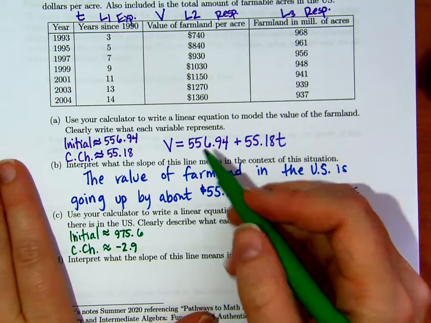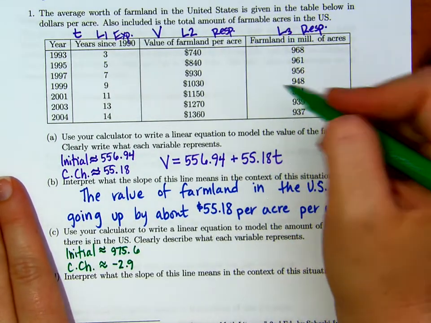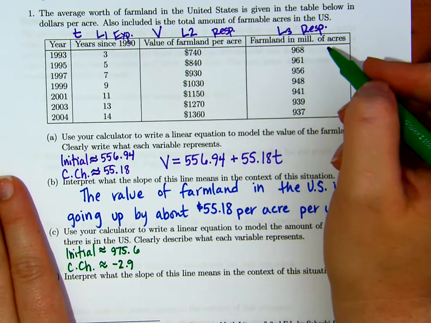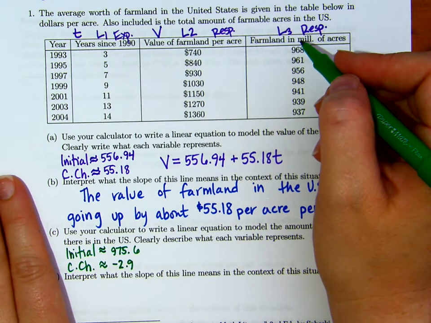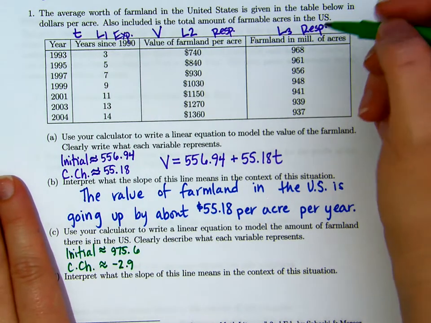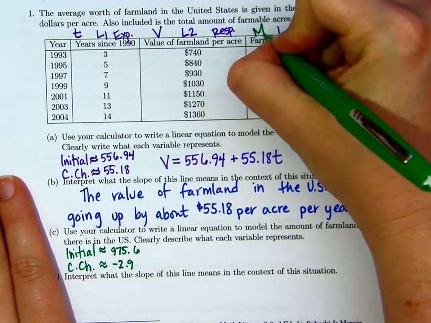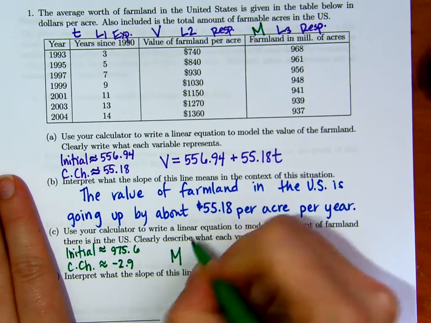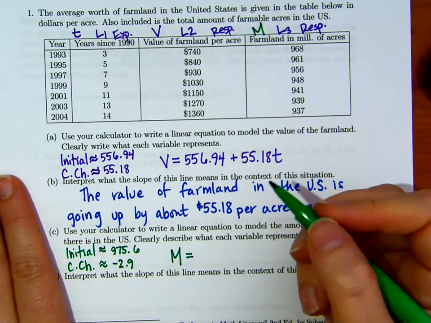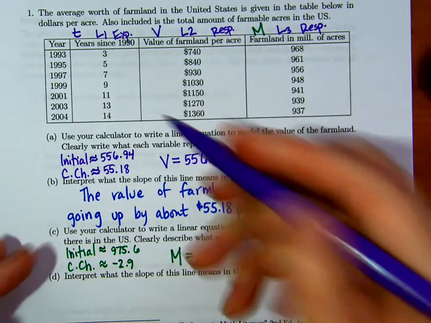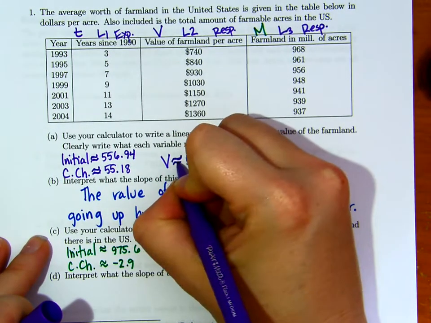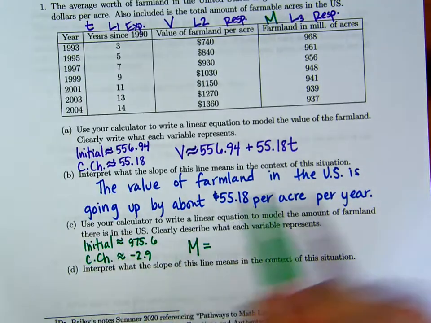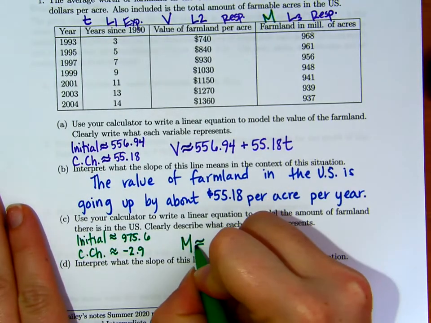Okay, here we go. Let's call this either A for acres or M for millions. I'm going to go with M just to remind myself that it's millions of acres. So the millions of acres, and I don't know why I put equals. It really should be an approximation, right? Because we've rounded and it's data-based, so this model has some error involved.